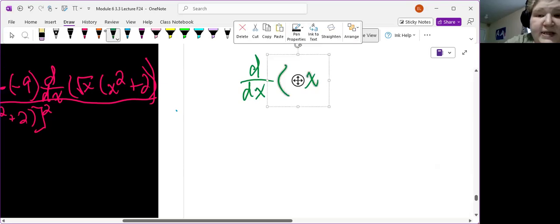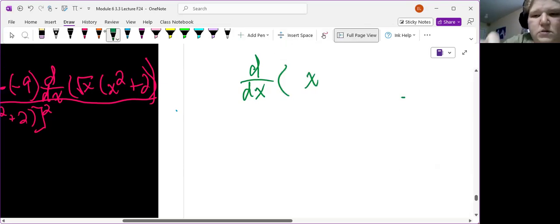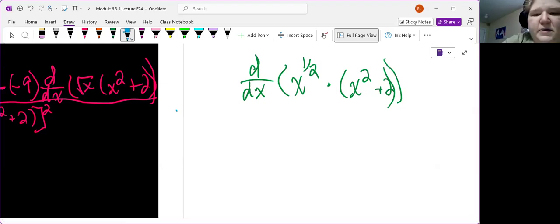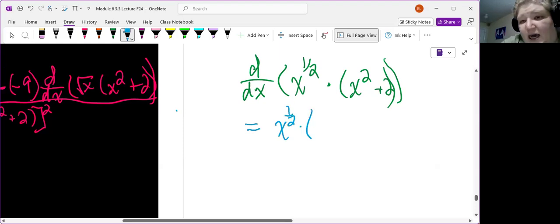Which I'm going to go ahead and write this as x to the 1/2 times x squared plus 2. All right, so our first guy, x to the 1/2 times the derivative of the second guy, x squared, the 2 comes down, so it's 2 times x to the 2 minus 1, which is 1.